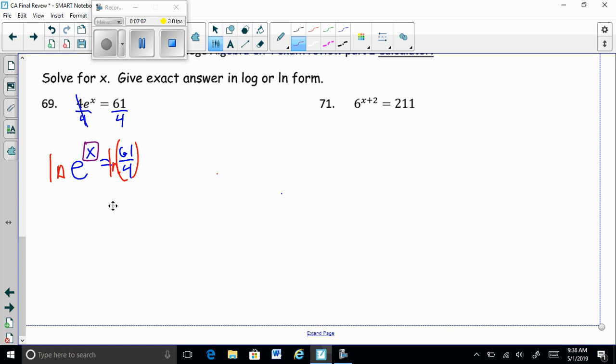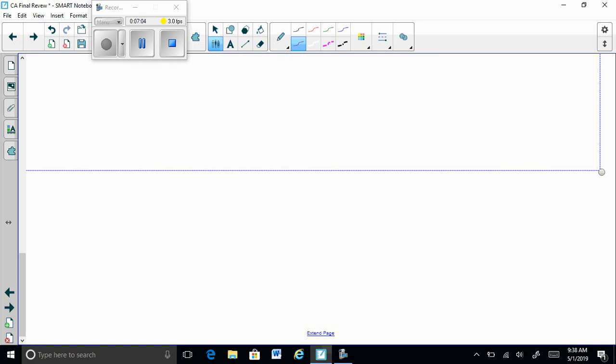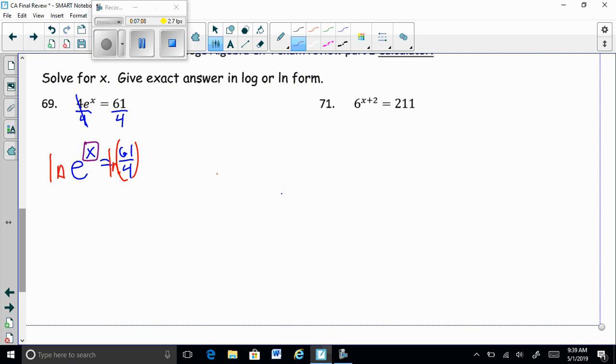So the idea of this is basically we're trying to get rid of our exponents, and that's what this does for us. So now I have x equals natural log of 61 over 4. And we can just leave it like that. If you really want to, you could put it in the calculator and get a decimal, but we'll just leave it just like that.